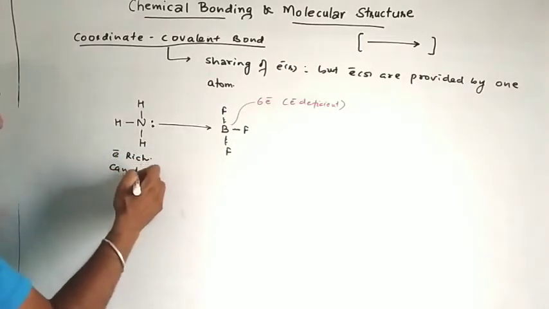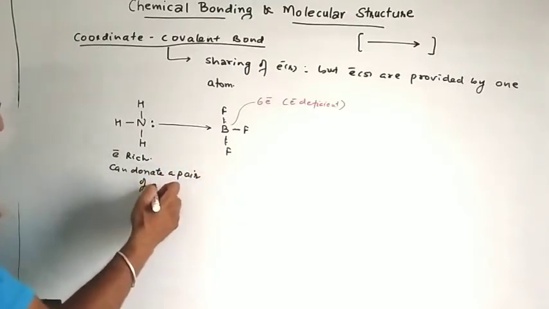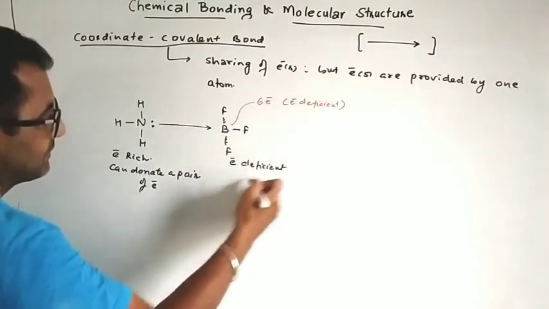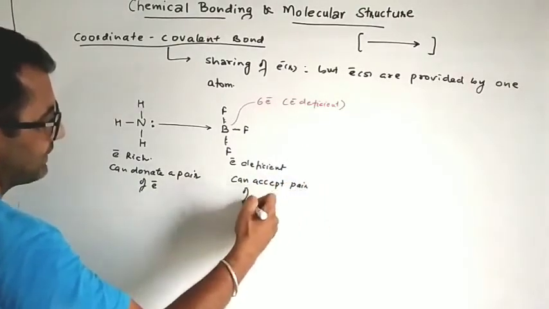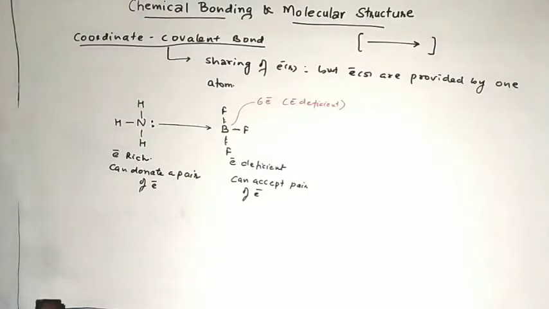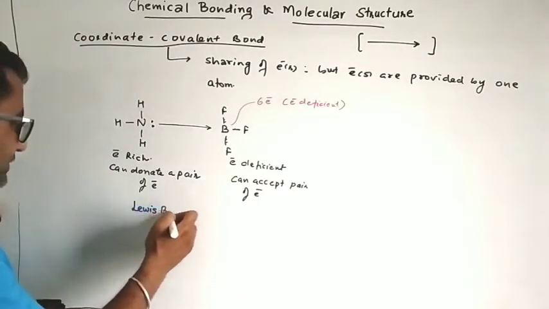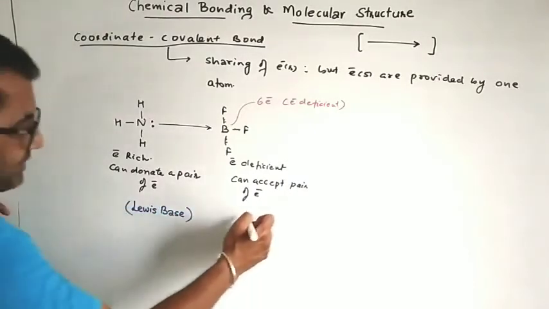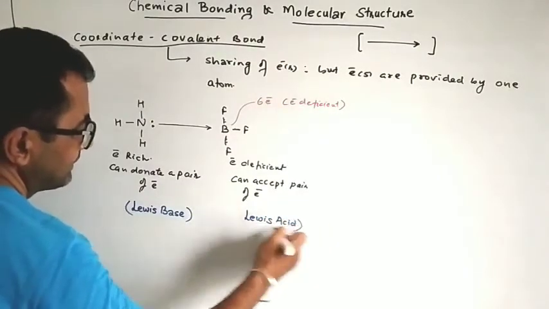It can donate a pair of electrons. This is an electron-deficient species. It can accept a pair of electrons. So such species which can donate a pair of electrons are called Lewis base, and the species which can accept a pair of electrons are called Lewis acid.